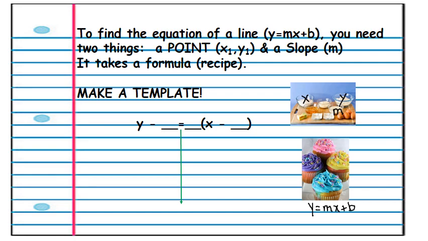In other words, maybe you need to find a line that has a point on it, but it's parallel. That means they have the same slopes. Or you need to find a line that's perpendicular to an original line. Perpendicular lines are the opposite sign of the reciprocal. Think about it.